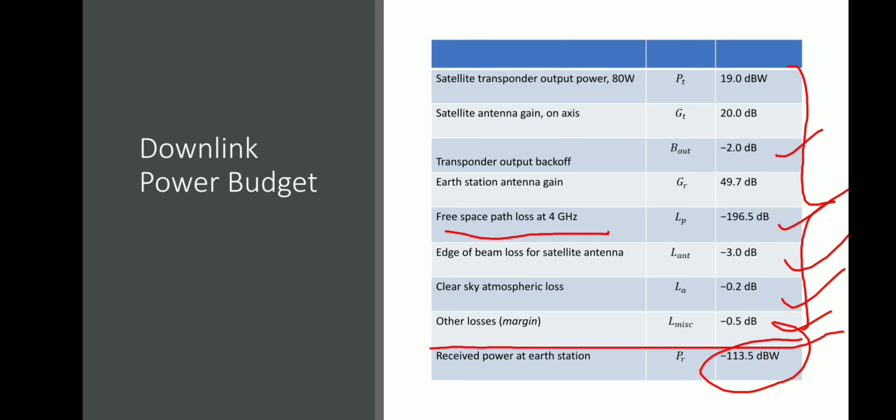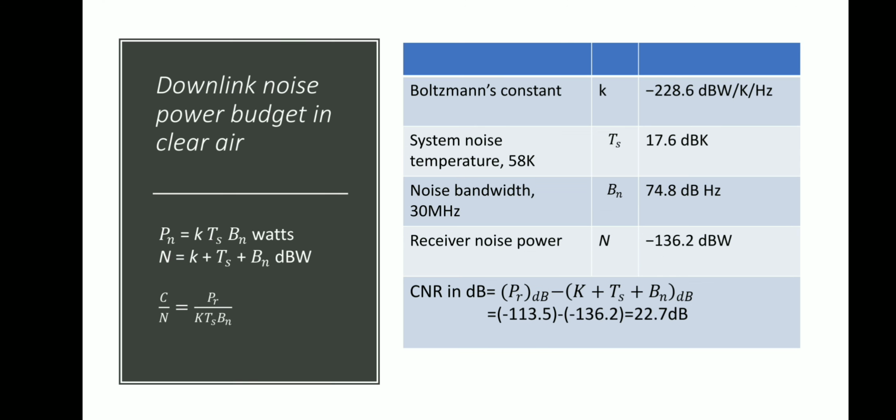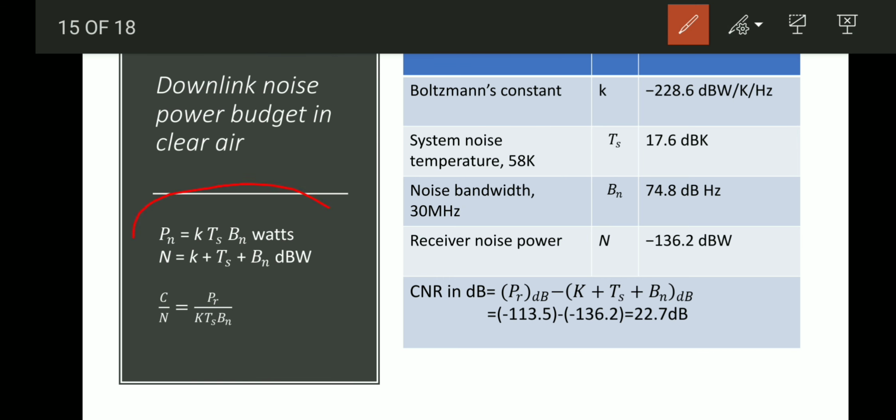Moving ahead to calculating C by N, as I said, there are two things to be calculated. One is the power received and the other is the noise power. Power received we have already calculated. Now the noise power: we have gone across this formula, Pn is equal to K Ts Bn watts, and in dB, N is equal to K plus Ts plus Bn.